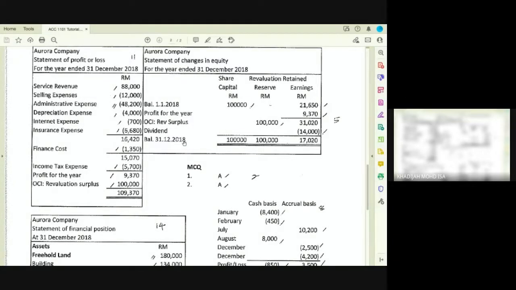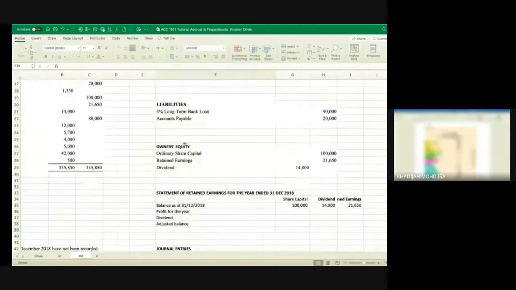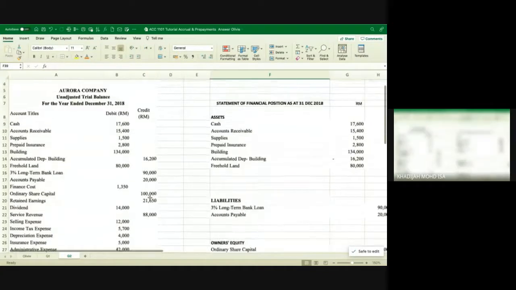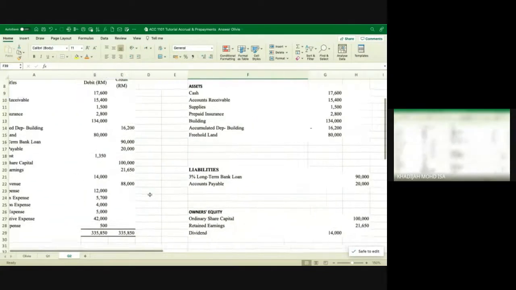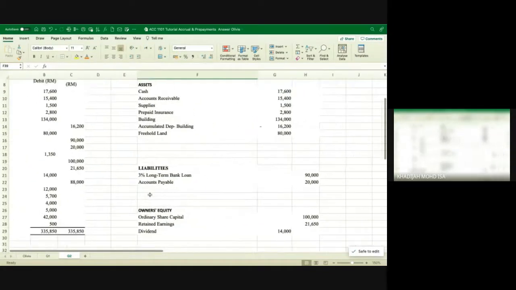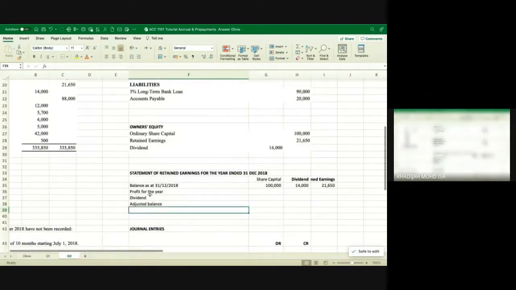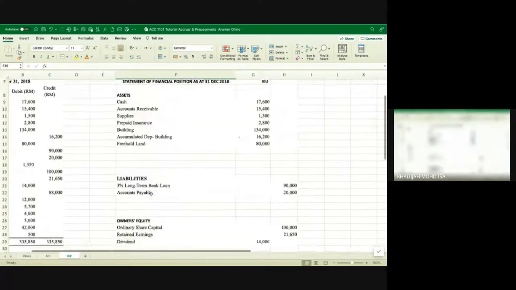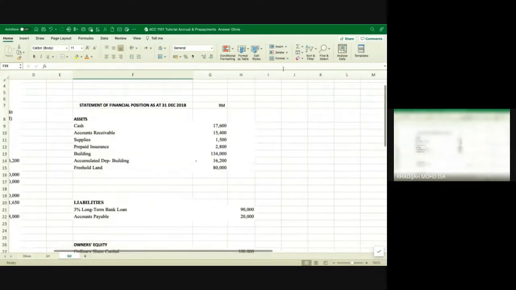Okay, so now, from this unadjusted trial balance, you plug all this information into the statement of financial position, statement of retained earnings, and then the profit and loss account. Can I put it here?